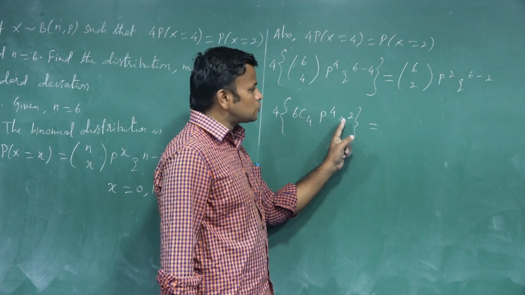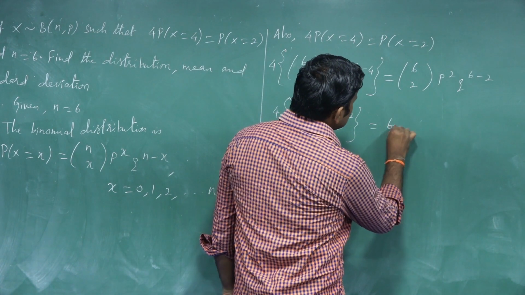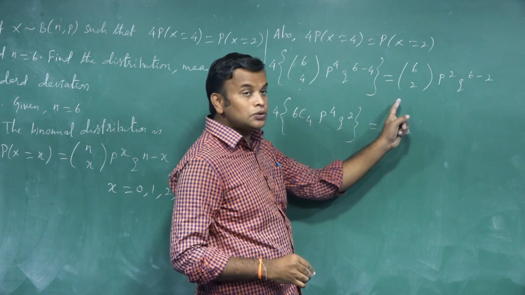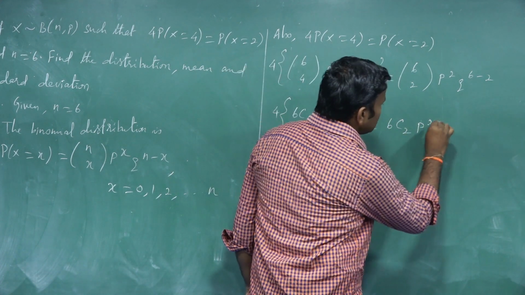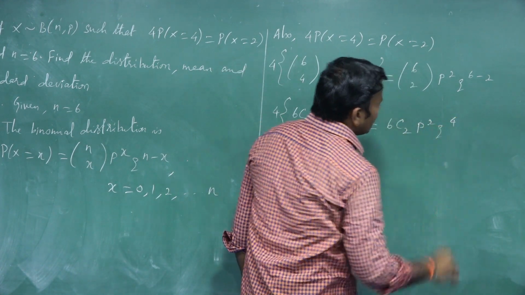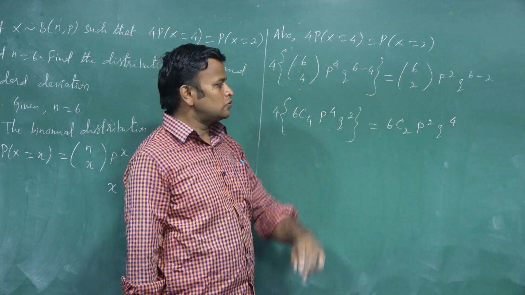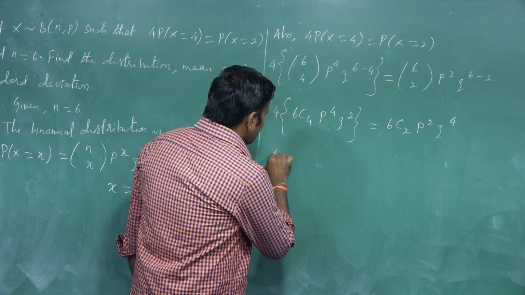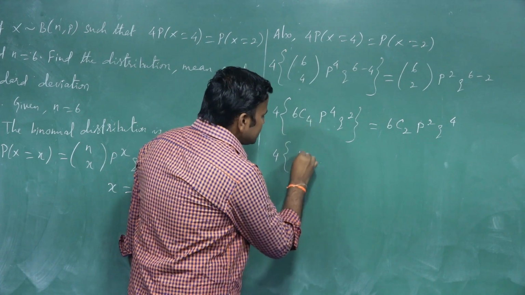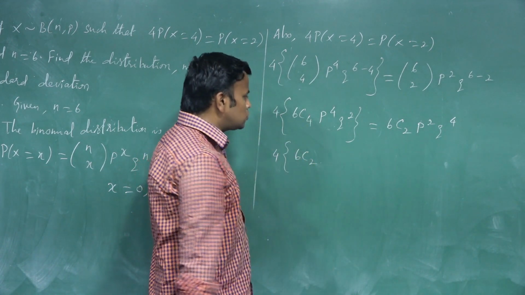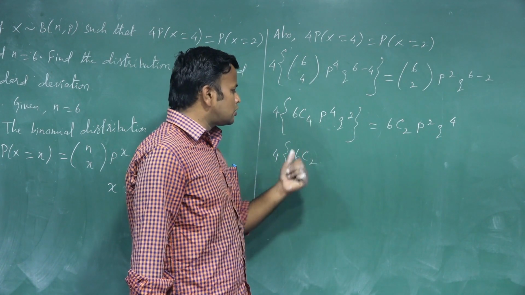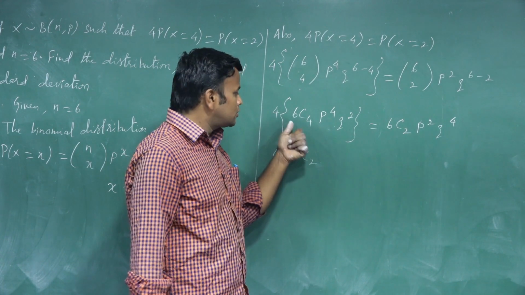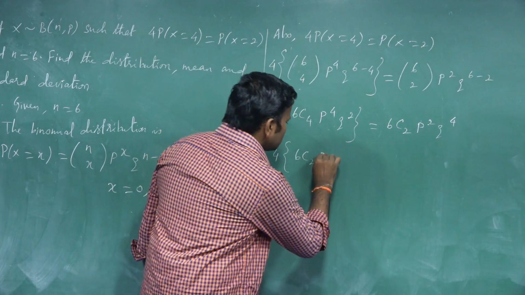So 6C4 P power 4 q square is equal to 6C2 P square, and q power 6 minus 2 is 4. I write 6C4 as 6C2, since nCr is also equal to nC(n minus r), 6 minus 4 is 2.